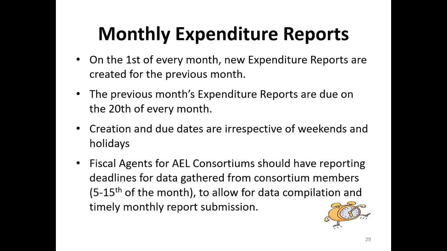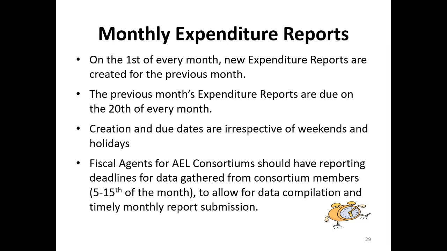As an example, on August 1st, a new expenditure report will be generated if you have an active contract with us. This will be for the report month of July 2020, and it will be due August 20th. It's important to remember that the due dates of these reports are irrespective of weekends and holidays.